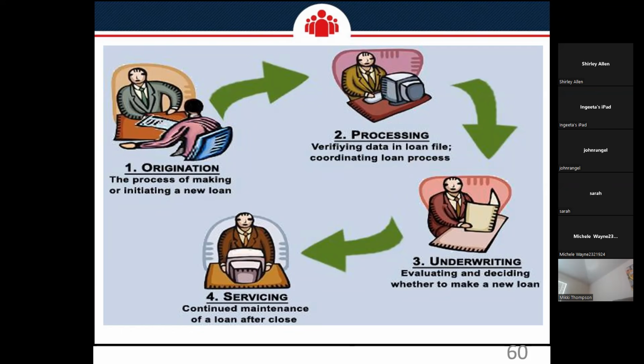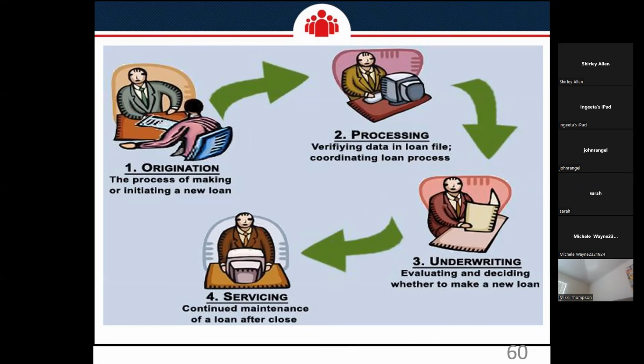Our job is pretty easy. We get the client and then we get their information. We take the application, basically the 1003. We generally get their bank statements and a couple of other documents. We might ask them for their W-2s.